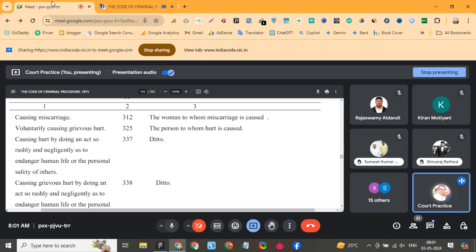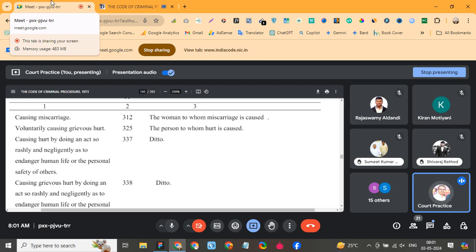So whenever any FIR is there, you have to remember the first schedule and section 320 of CrPC. These give the information regarding what kind of offense it is, by which court it is triable, whether it is bailable or non-bailable, and whether it is cognizable or non-cognizable. These are the important parts we had to learn today.